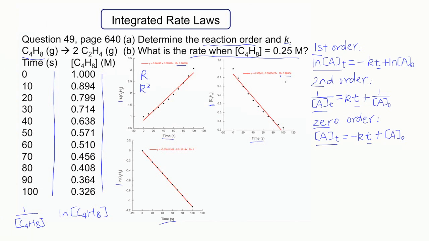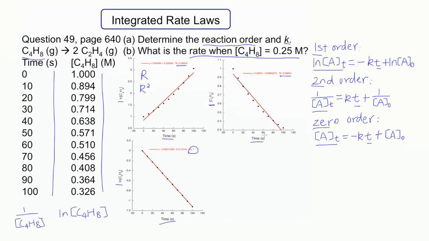Again, it's not perfect. So this is not a zero order reaction. How about the third graph? When we use the first order reaction model to fit the data, as you can see all the data points are on this line, and R squared value equals 1. So this is a perfect model. It tells us this reaction is a first order reaction.